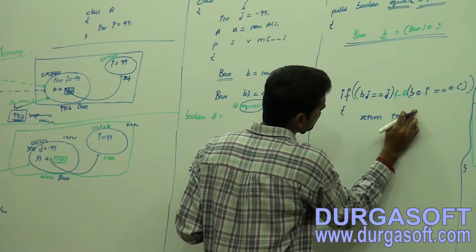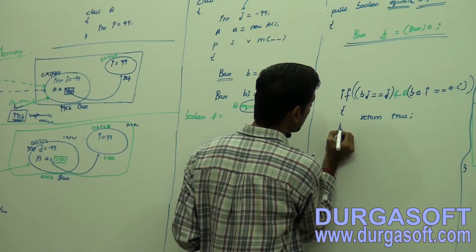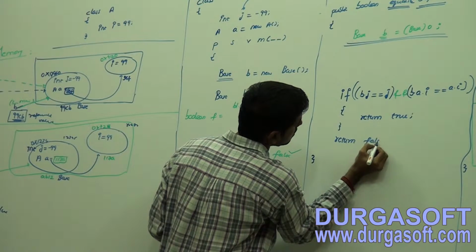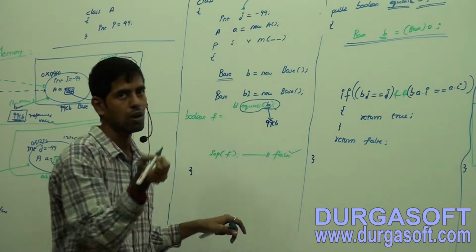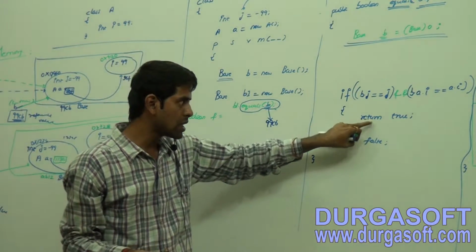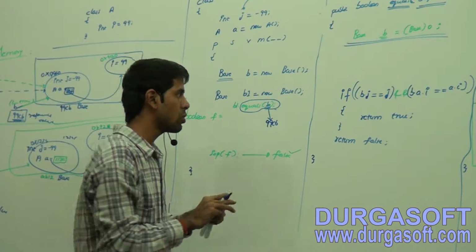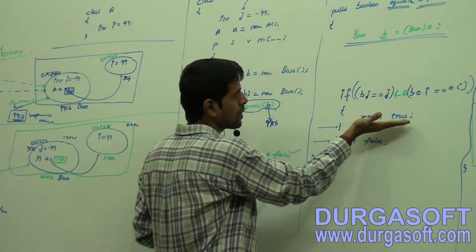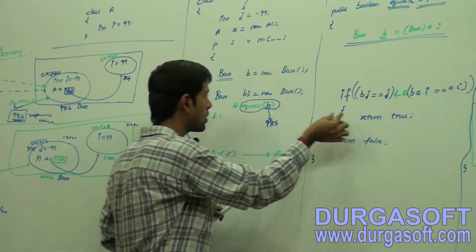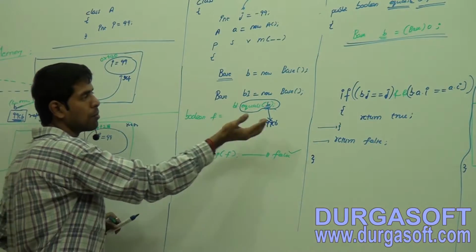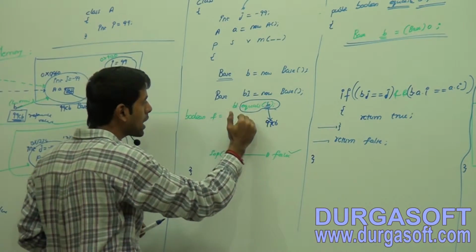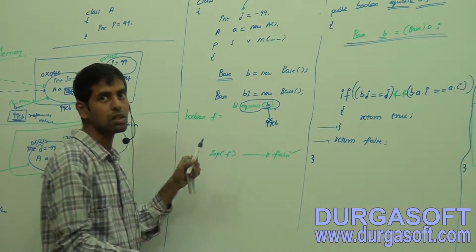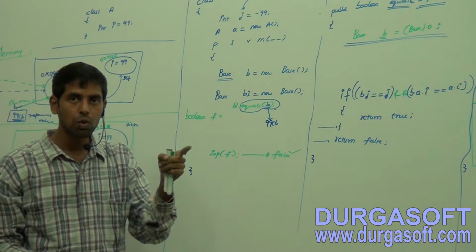If that one is not true, what you have to do is return false. If the control reaches this statement, there is no chance of executing this statement and this statement. It will return the boolean value to this caller by taking control back to this position. Return is one of the reserved keywords. It has its own behavior.